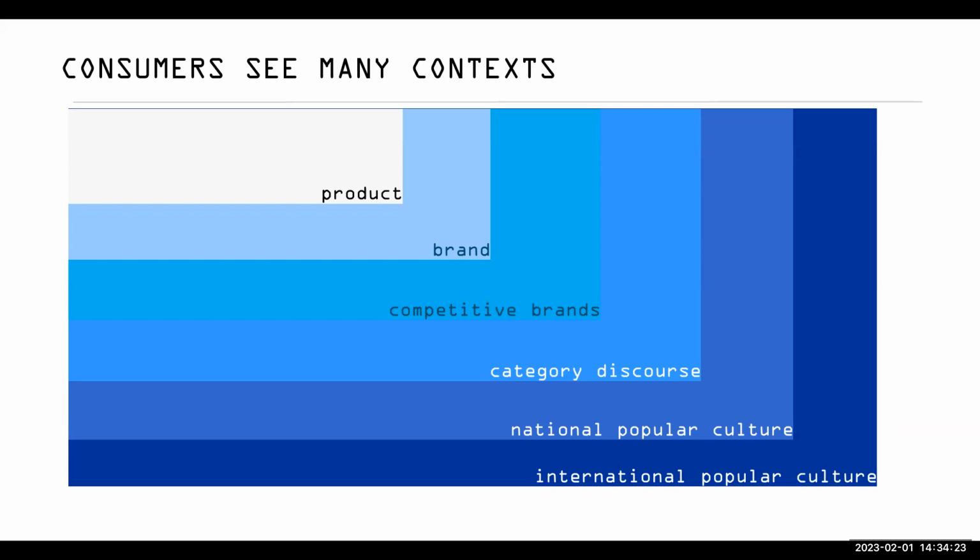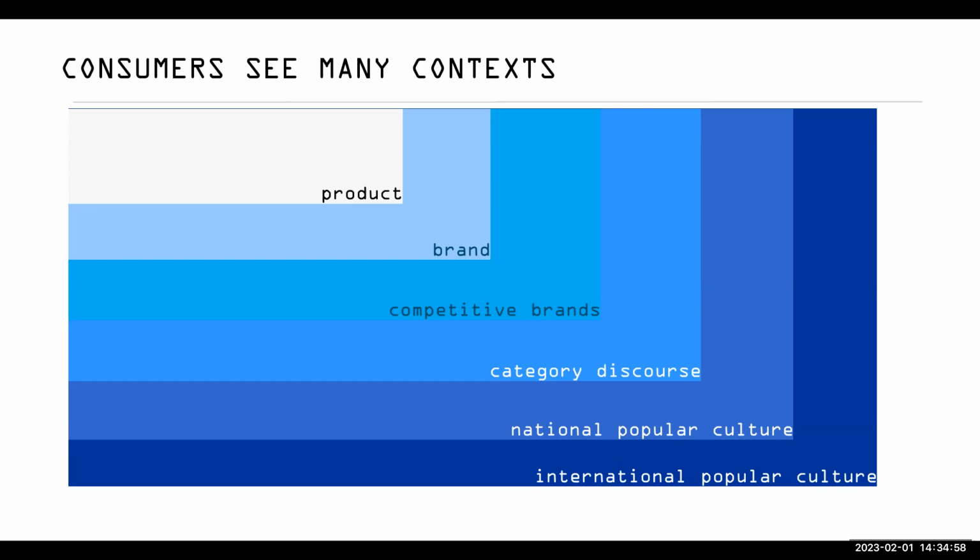Then you look at the entire shampoo category. What are the different codes and what are the different things that work in the shampoo category? Earlier it was just about cleaning, and then it went on to giving black shiny hair or keeping your curls intact. So there are different category benefits that manufacturers created over time. Then there is national popular culture. A L'Oreal ad in India will be different from what it is in China or in the US.